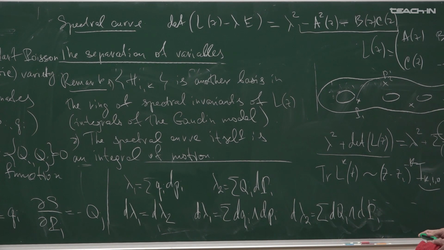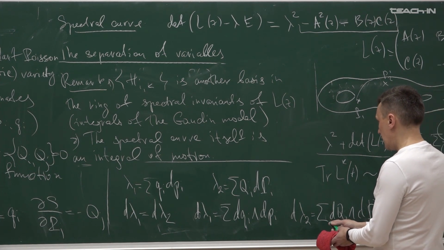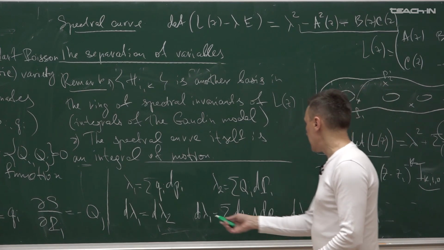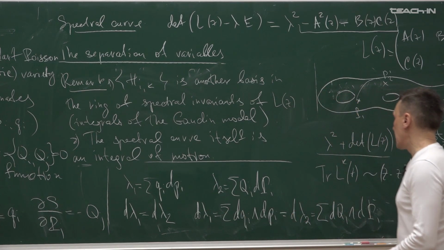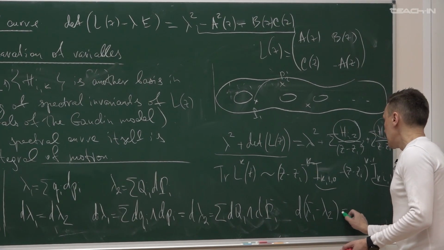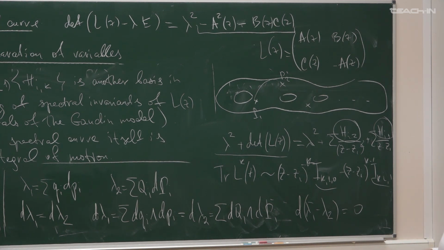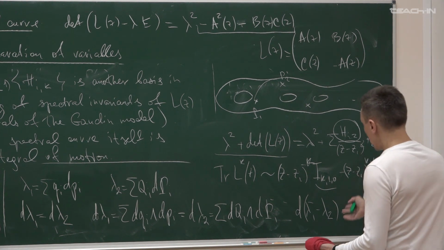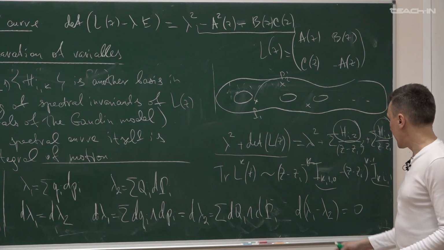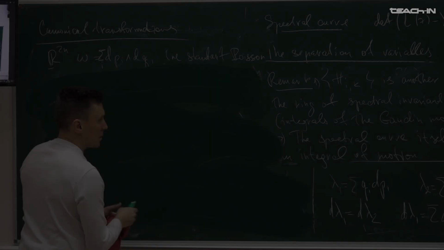If it is the same symplectic form, then d(lambda 1 minus lambda 2) is 0, and over R^n it means that it is a closed form, and it means that it is an exact form.